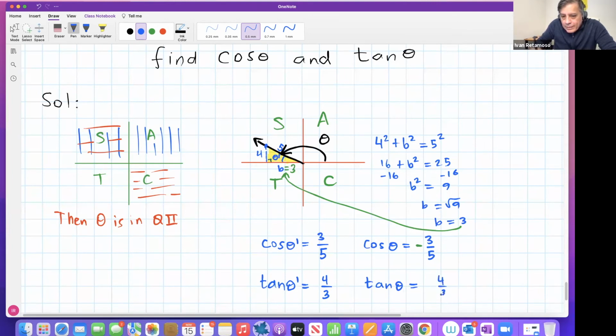But for the sign, leave a space. According to All Students Take Calculus, what should be the sign of the tangent function on the second quadrant? Positive or negative? You can write it in the chat. Which one?